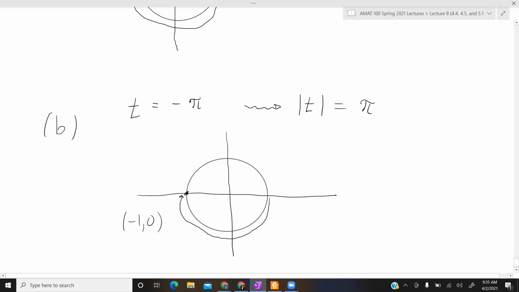So this shows that these are signed arc lengths, because we can look at positive numbers and negative numbers, and they'll determine whether we travel one direction or the other. This correspondence isn't quite unique, because I have two different t values, a positive value and a negative value, and they both determine the same point on the circle.